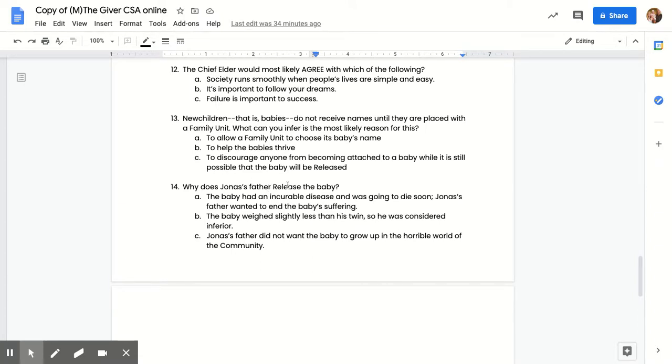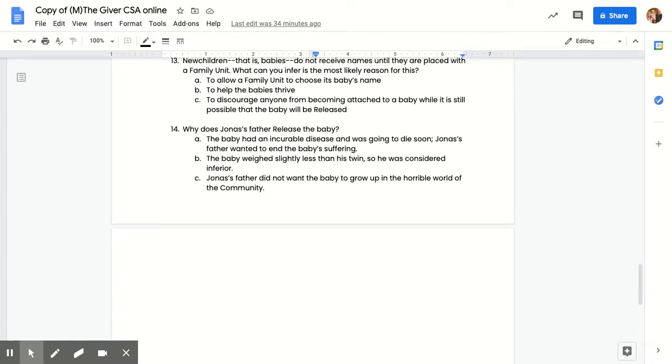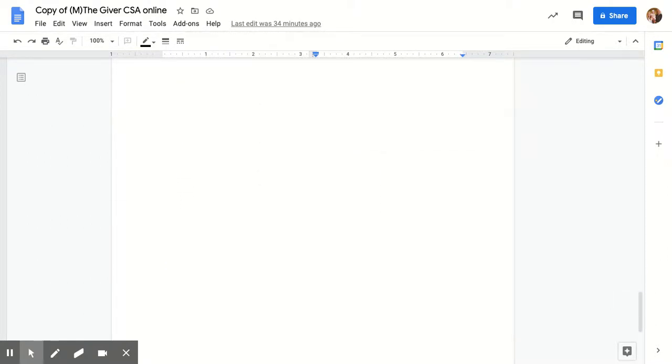Why does Jonas's father release the baby? Is it A, the baby had an incurable disease and was going to die soon; Jonas's father wanted to end the baby's suffering, B, the baby weighed slightly less than his twin, so he was considered inferior, or C, Jonas's father did not want the baby to grow up in the horrible world of the community? Again, highlight or bold your answer.